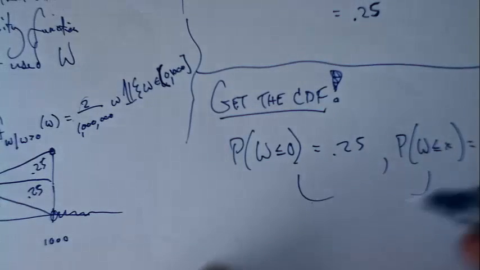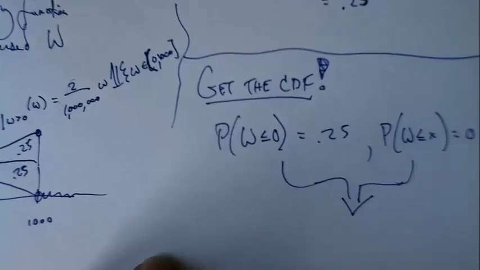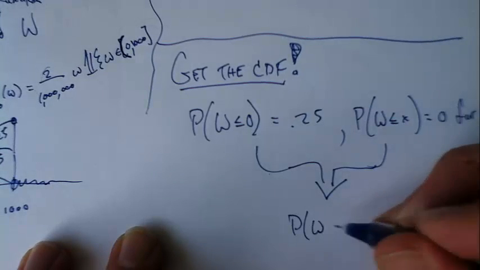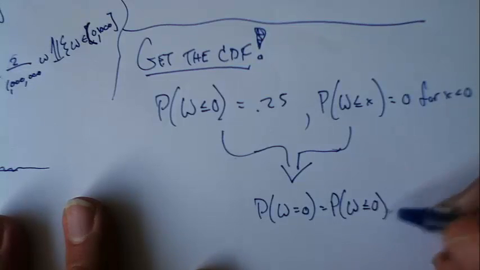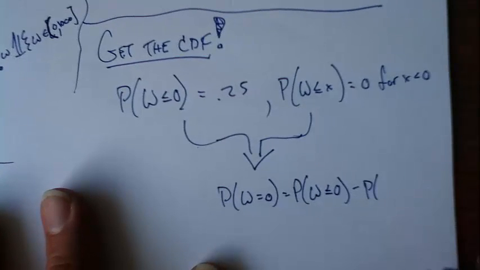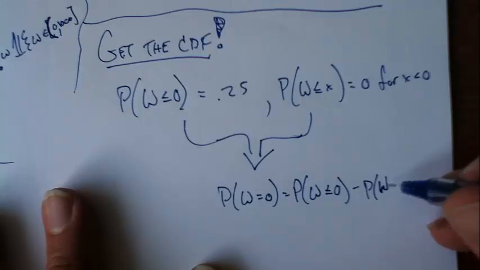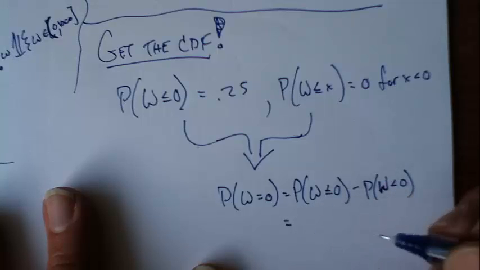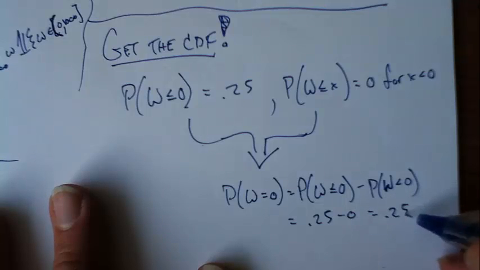These two things together imply that the probability of W equaling 0 exactly is the chance that W is less than or equal to 0 minus the chance that W is strictly less than 0, which is a quarter minus 0, which is a quarter.